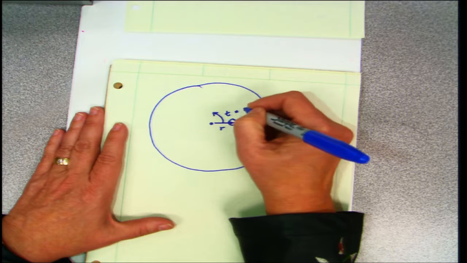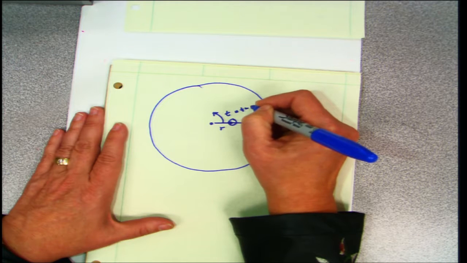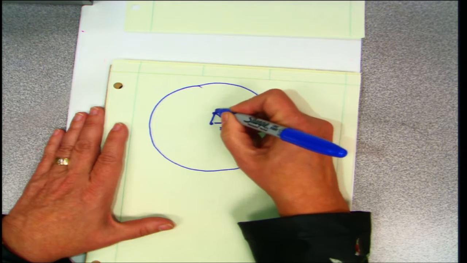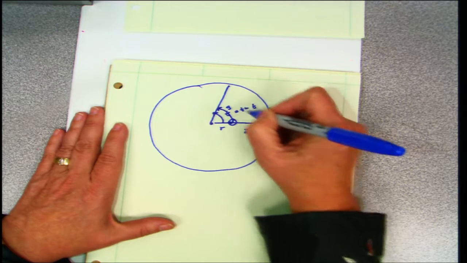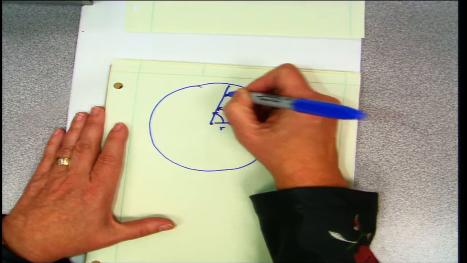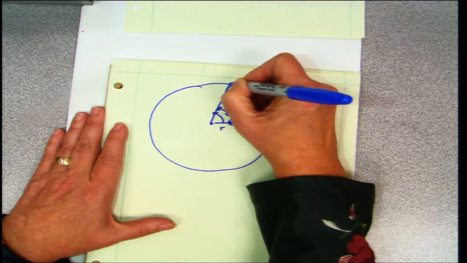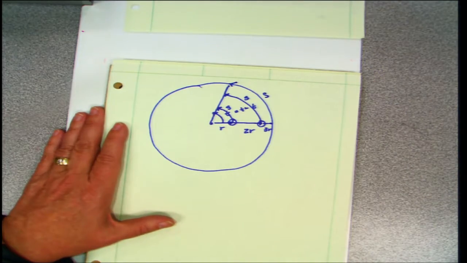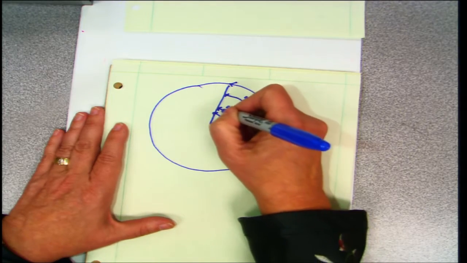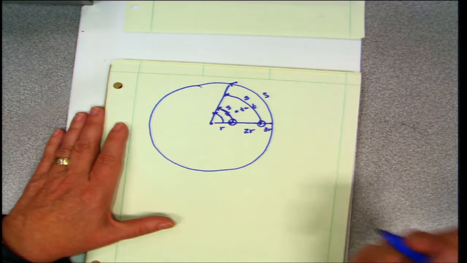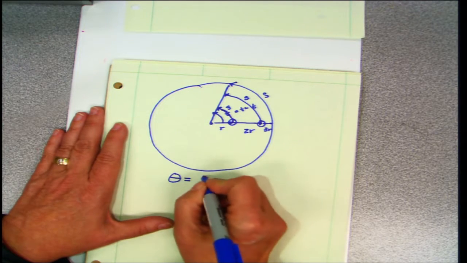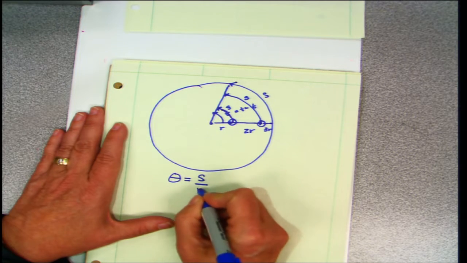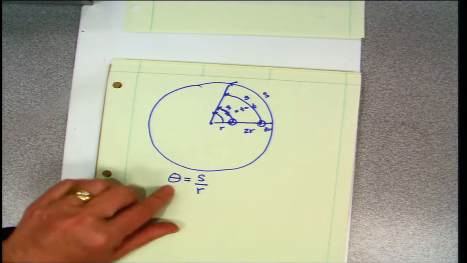And we said that the angle is equal to the linear distance divided by the radius. So while the angle is always the same, the first one travels S1 divided by R, the next one travels S2 divided by 2R, and the next one S3 divided by 3R.